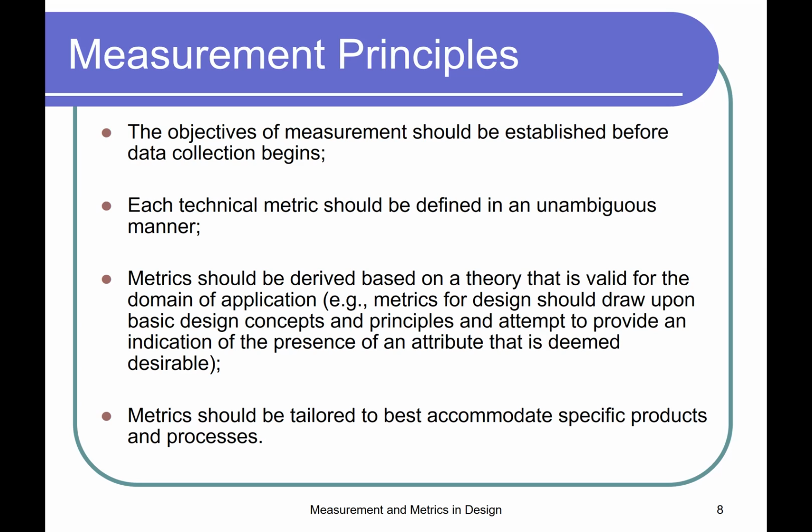So it doesn't make sense that the same metrics I'm using for the waterfall are the ones I apply to judge the progress and success of a software development project that is using agile. So if I'm using agile, I've got to use the agile metrics. If I'm using waterfall, then I have to use the waterfall metrics.